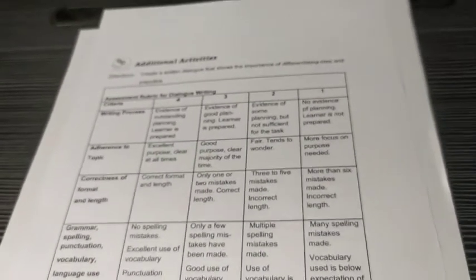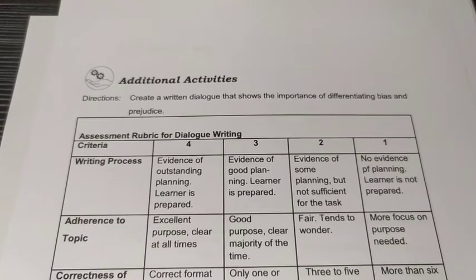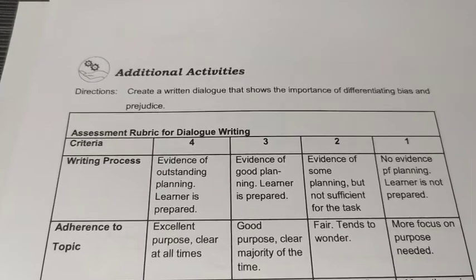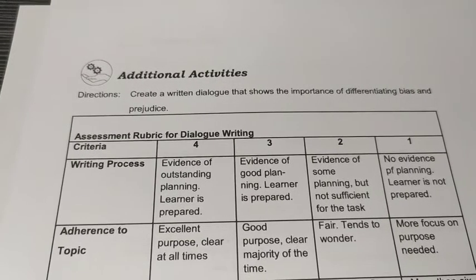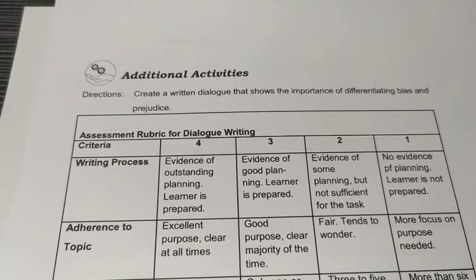So for your additional activity, this will be the last. Create a written dialogue that shows the importance of differentiating bias and prejudice. What is a dialogue? It is a conversation. For example, you are talking to your classmate, your friend, your sibling, a family member, or whoever you want to talk to.